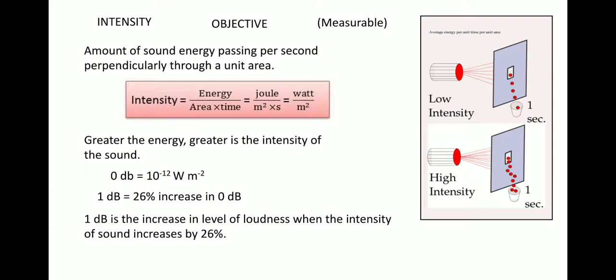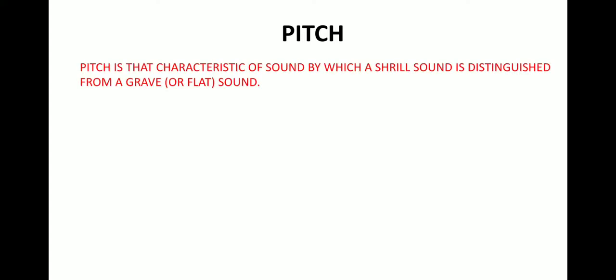Next part we move on, and it is about the next characteristic of sound, that is pitch. Let's see the definition of pitch. Pitch is that characteristic of sound by which a shrill sound is distinguished from a grave or flat sound.